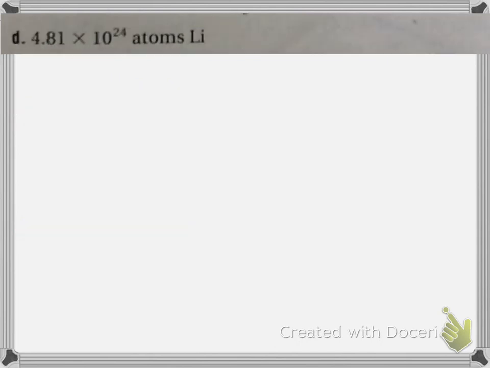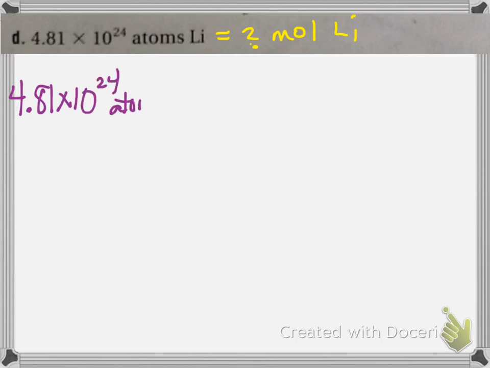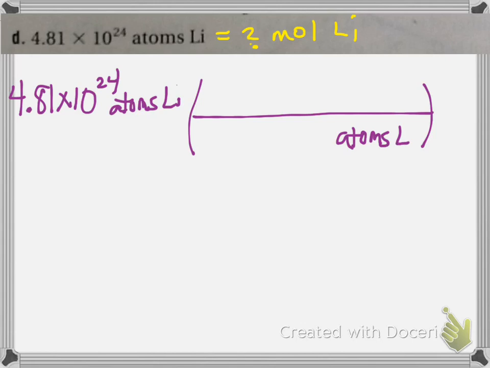Letter D is asking me again to take this and figure out how many moles of lithium this is. So I'm starting with 4.81 times 10 to the 24th atoms of lithium. Now lithium is an element, so I can take atoms of lithium to moles of lithium because the representative particle of an element is an atom. 1 mole is Avogadro's number.